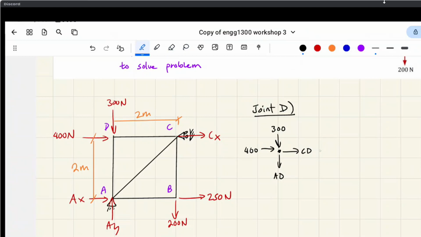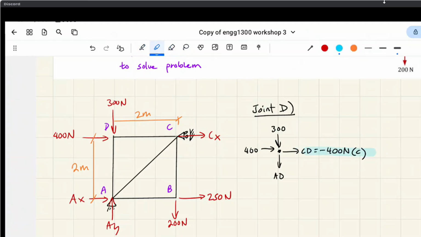What I'm going to do, this is a bit lazy, you should probably do the whole sum of the forces. I just say this is equal to 400 newtons in tension, and sorry, my bad. Negative 400 newtons, compression, okay?